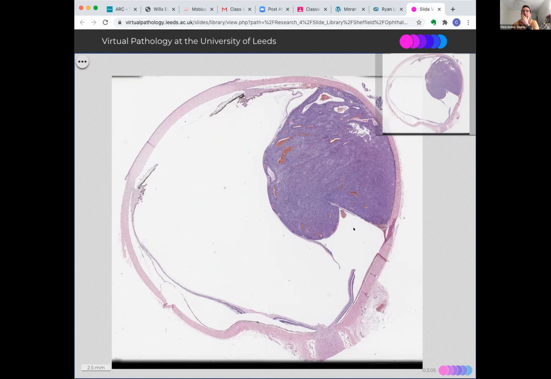And if I was looking in through the pupil, what would it look like? You'd see a large, probably pigmented mass, obstructing your view of half the retina, really. Yeah, it'd be pretty nasty.